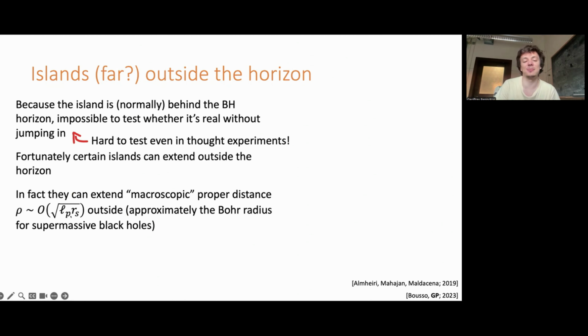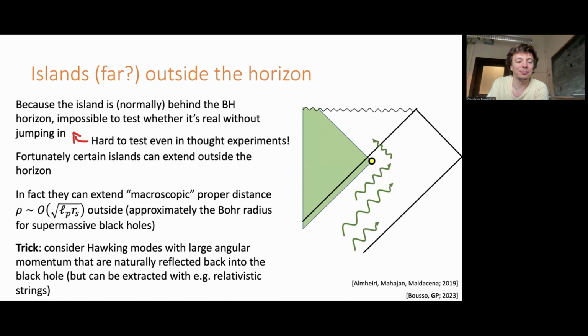For a supermassive black hole, it ends up being roughly an atomic scale. So this is very, very difficult to probe, of course, in practice, to get within the radius of an atom of a supermassive black hole and then get something back out. But we at least think that at those sorts of scales, we understand the physics and nothing weird's going on.